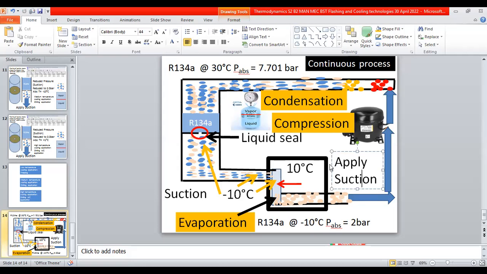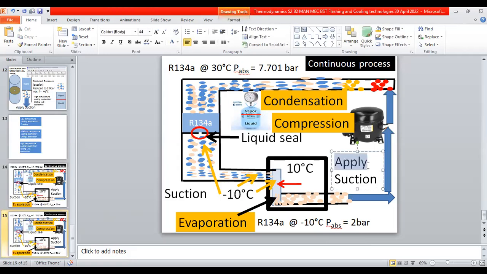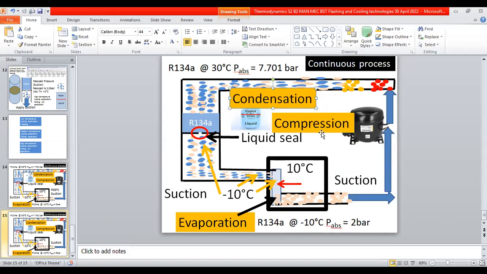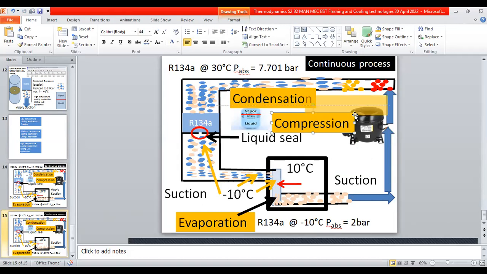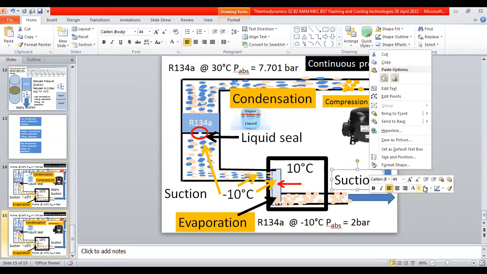So I just put suction here. Condensation. Compression. Very nice. Suction.